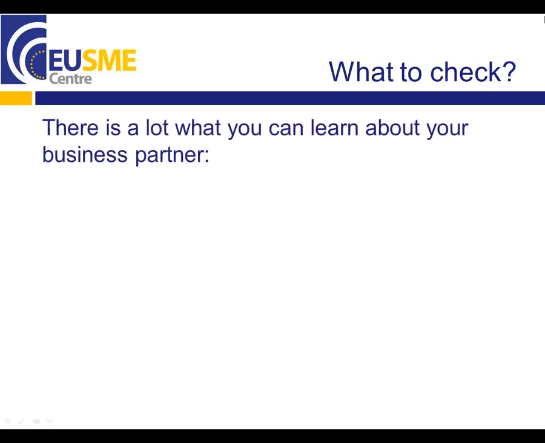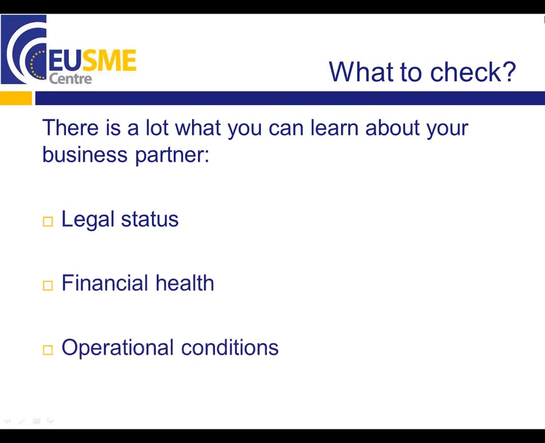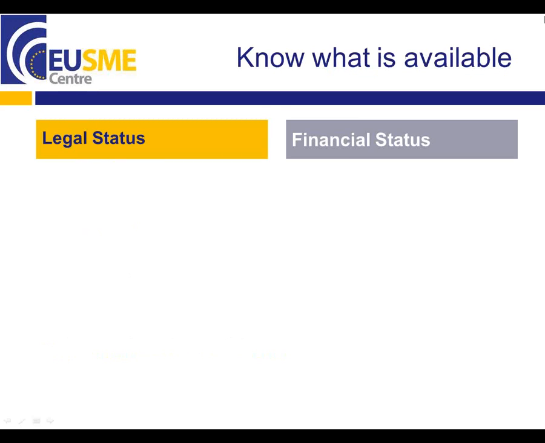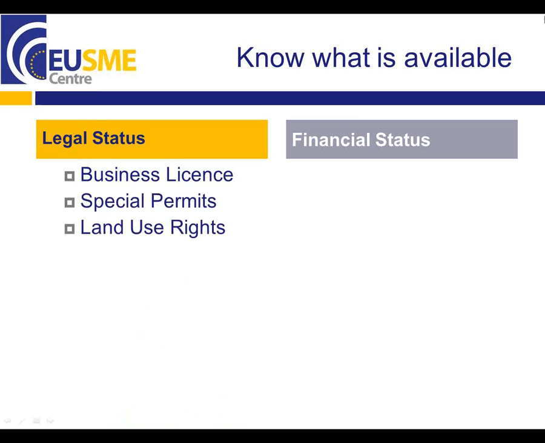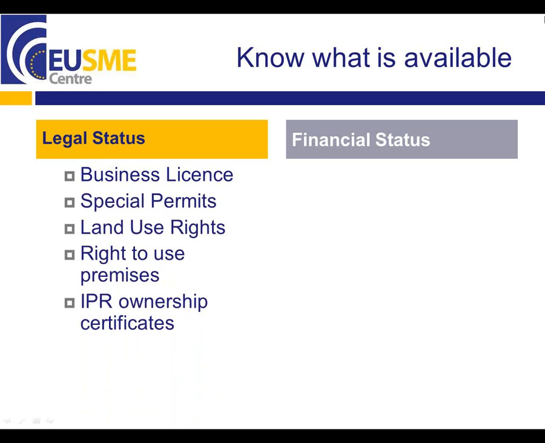Now, what is worthy to check? There is quite a lot that you can learn about your business partner. We will focus on three aspects: the legal status, financial health, and operational conditions. Now, let's see what is available. It is quite a lot that you can check.